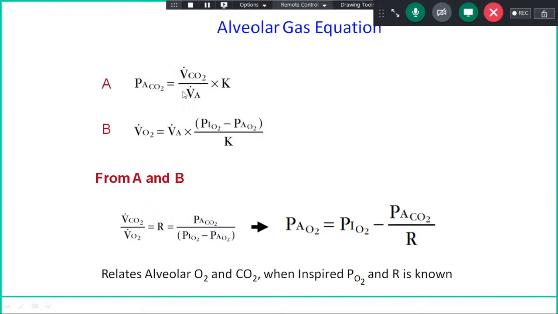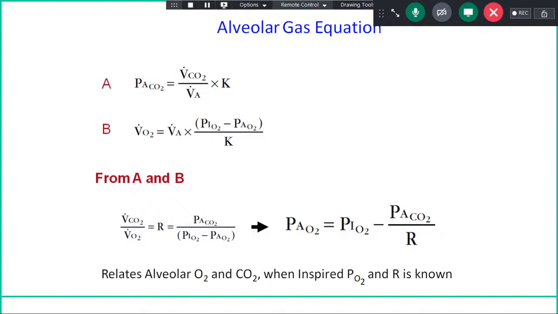Like in VCO2, instead of VCO2 you can put these values which are given in equation B. So finally as a result we will come to this equation which was shown for the oxygen, that is, alveolar partial pressure of oxygen is equal to inspired partial pressure of oxygen minus the alveolar carbon dioxide depending upon the R, which is the respiratory exchange ratio.